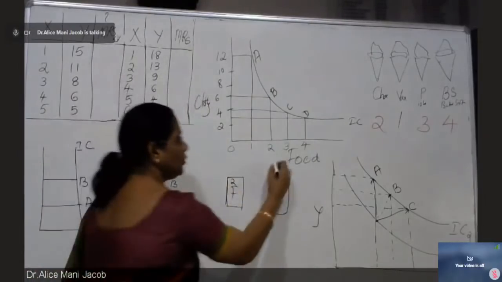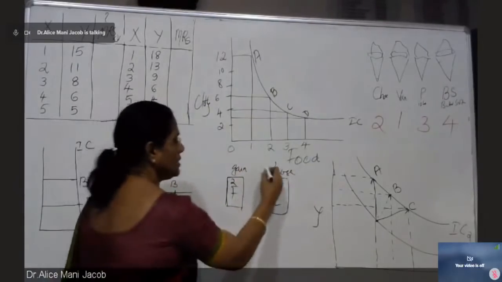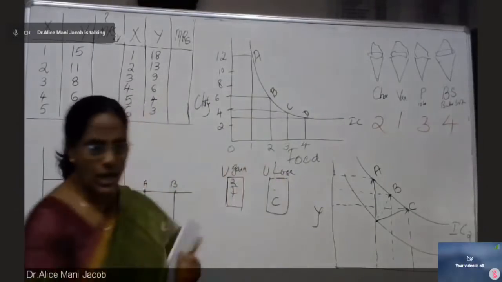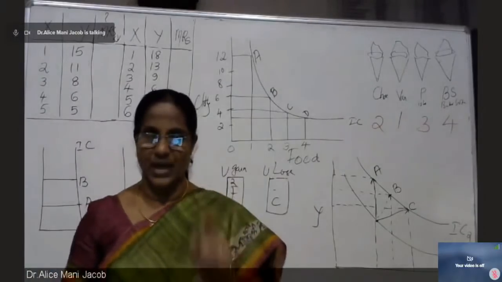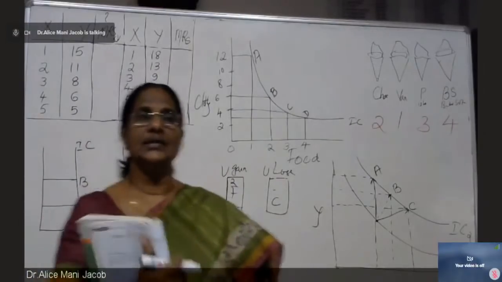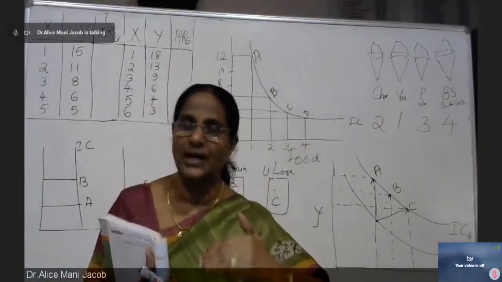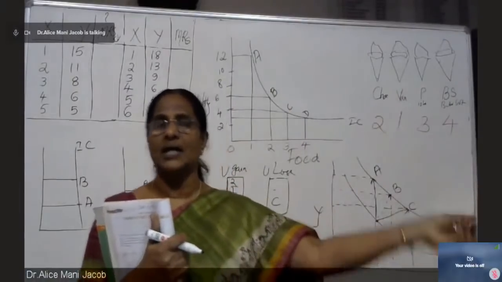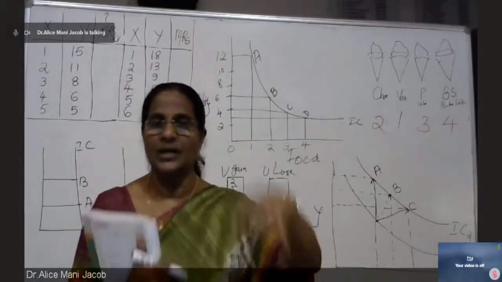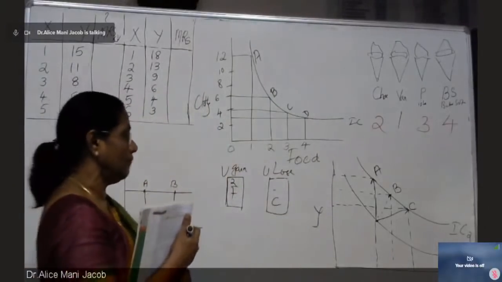This is what you lose and this is what you gain. The utility that you lose is equal to the utility that you gain. Please note it down. That is, the utility that you lose by giving up 6 units of clothing is gained by the additional food that you are getting. That is the second unit of food.